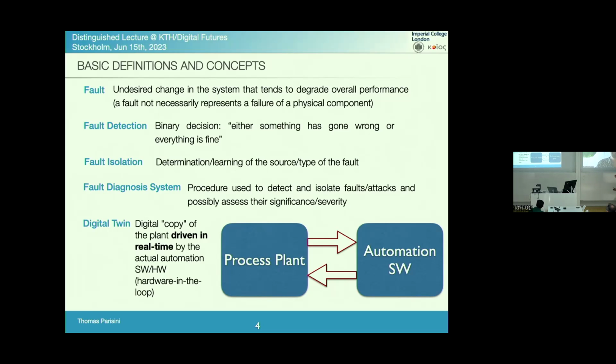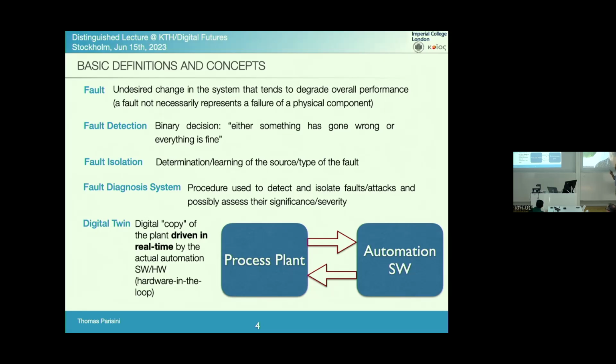And what is a digital twin? If you Google the buzzword, digital twin does not have a common definition. Therefore, I would like to be specific and explain what digital twin means for me and in my application.